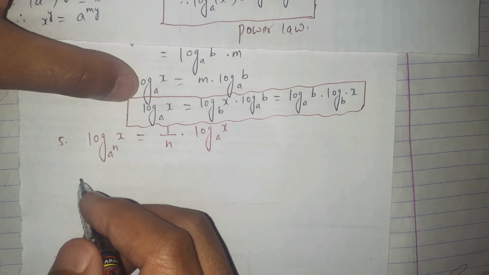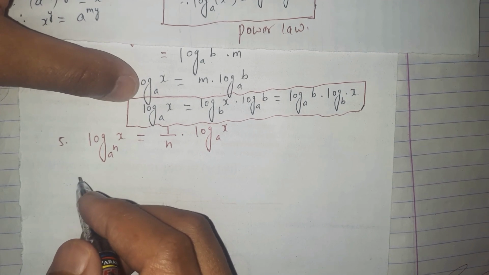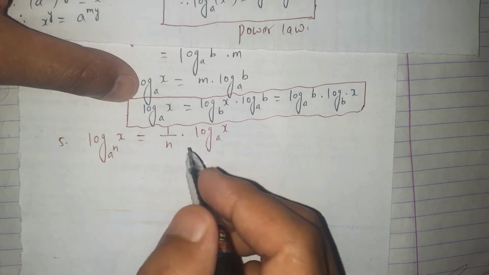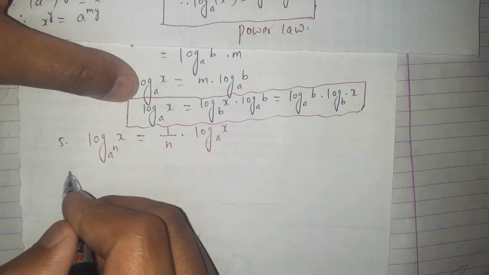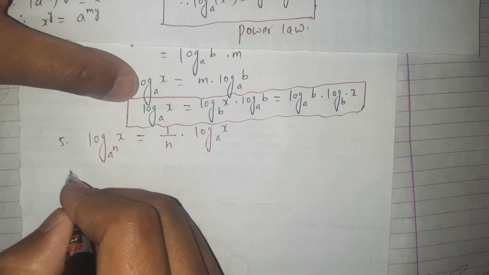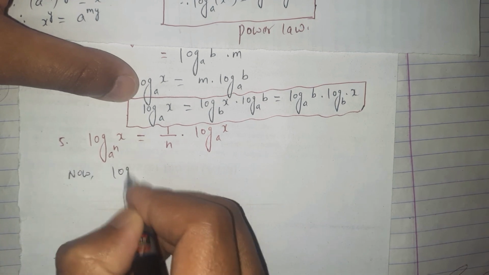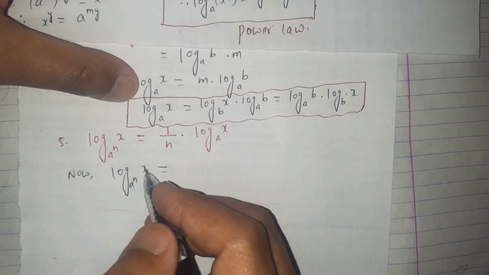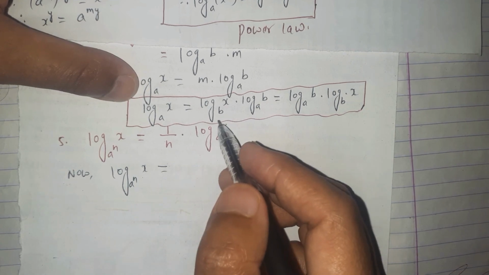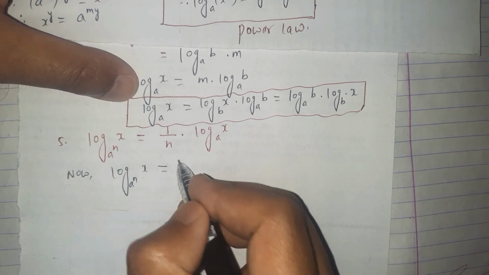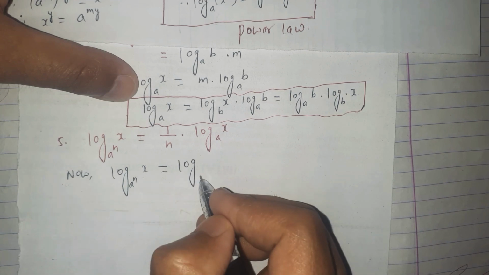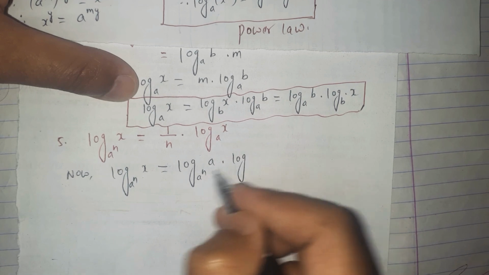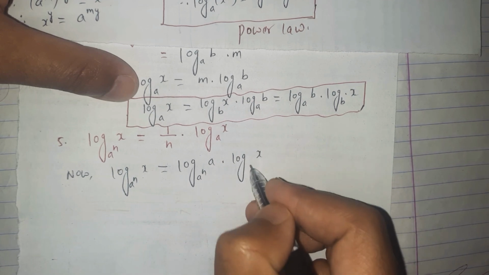Let's prove this. Let us suppose the logarithm, and we can use here the power law. This can be written as the log of x with base a to the power n. This can be written using the change of base concept: the log of a with base a to the power n times log of x with base a.